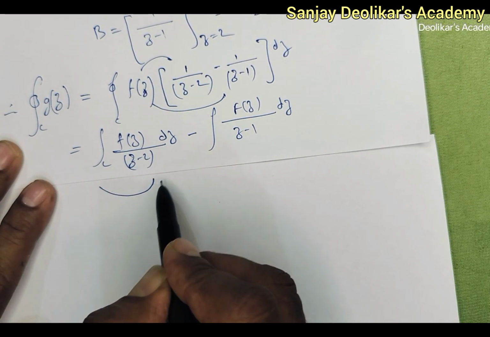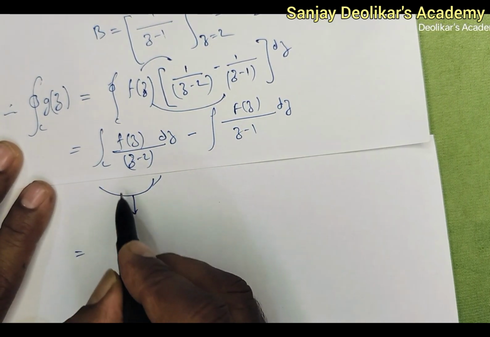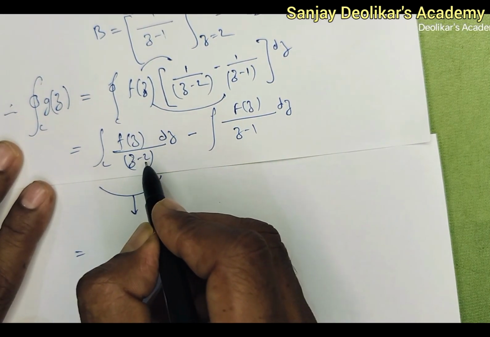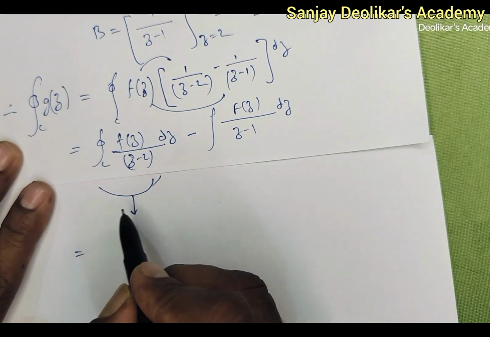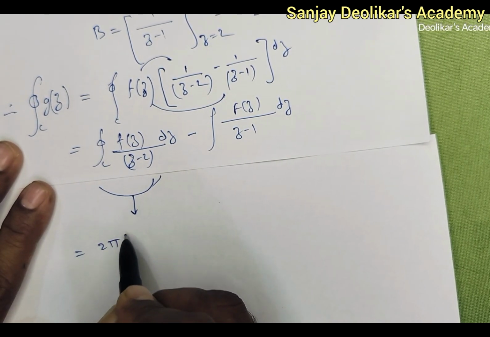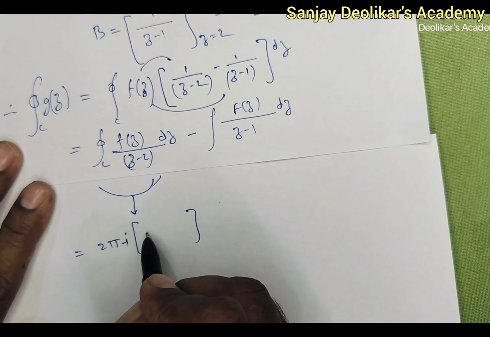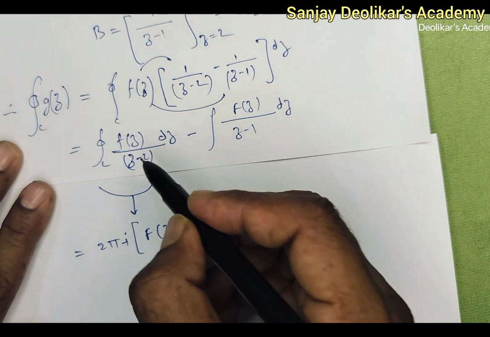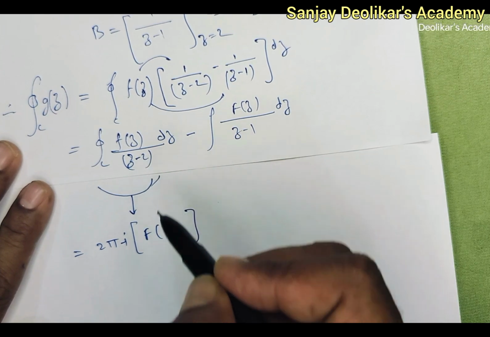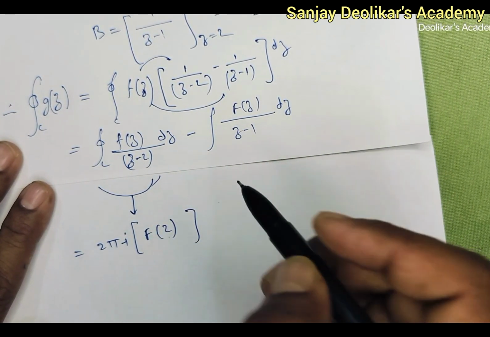What it says is, the integration of f of z upon z minus 2, its answer will be 2 pi i times f of 2.